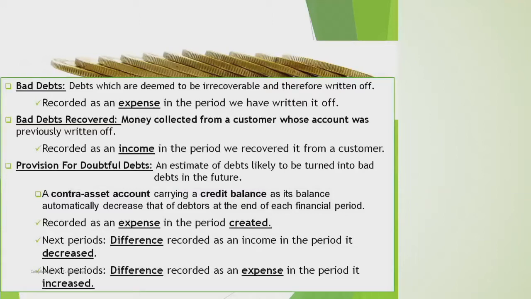Now we are going to talk about bad debts, provision for doubtful debts, and so on. Bad debts. What is a bad debt? Remember when we are talking about debtors accounts, okay? There are times when customers are coming to buy from us on credit. We allow these people to buy goods from us on credit, okay?